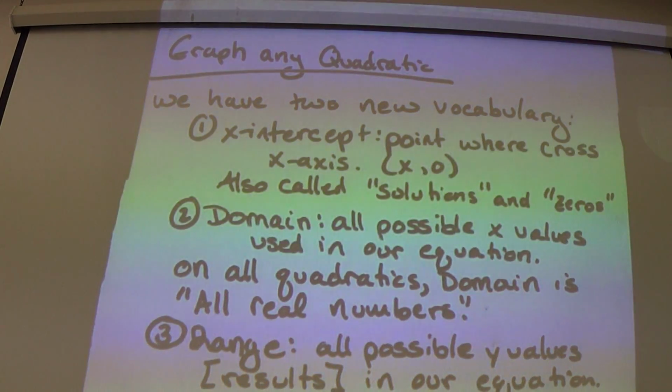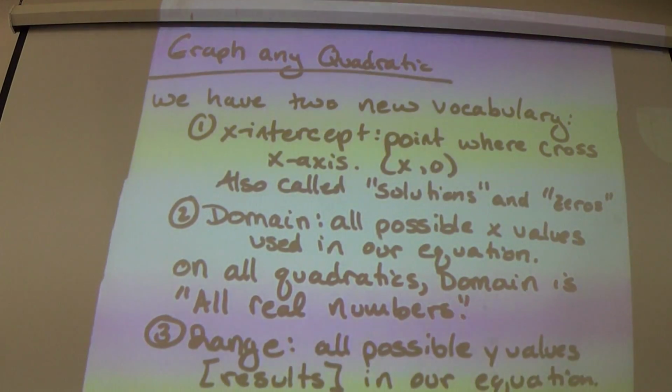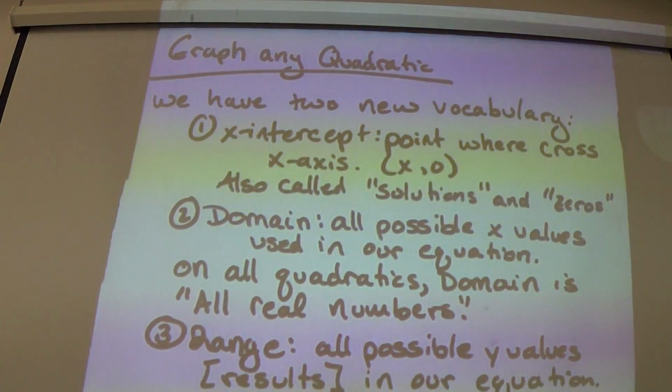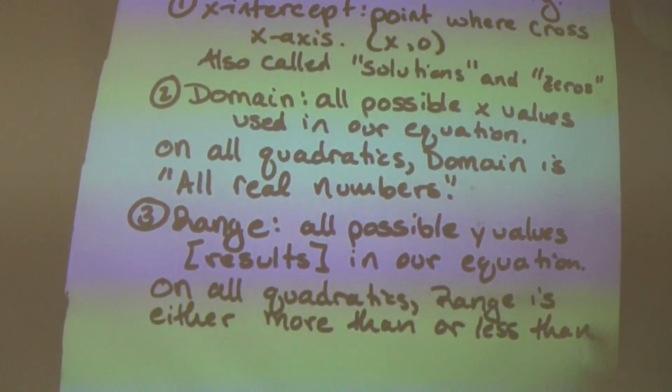Now, when you're looking at your range, the trick for this is that normally, again, on all of our quadratics, range is either more than or less than the vertex.